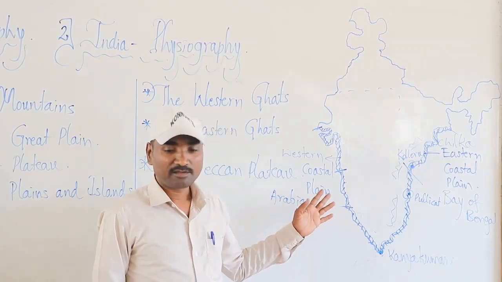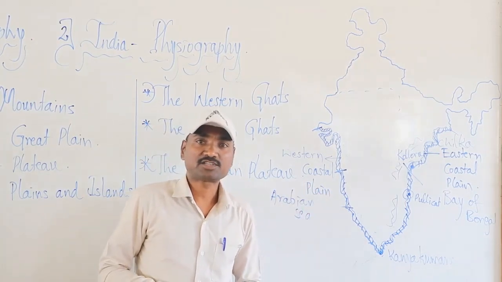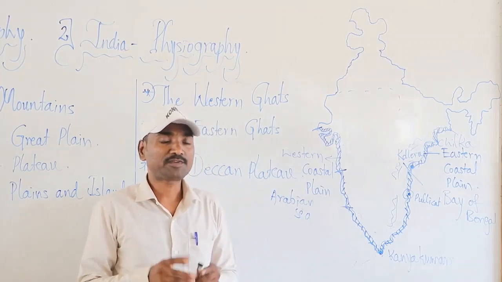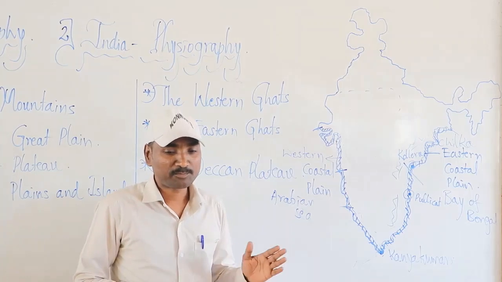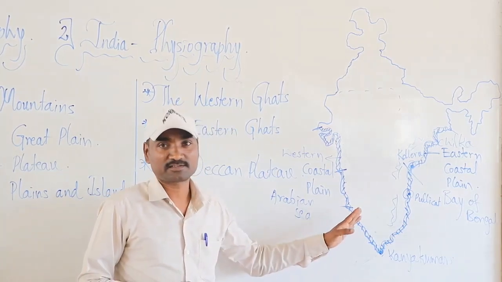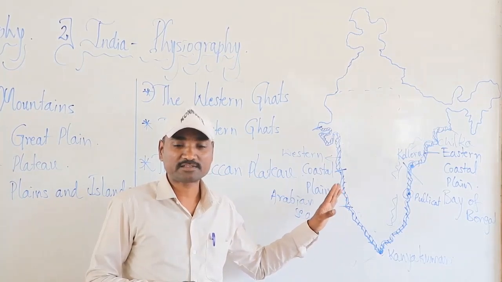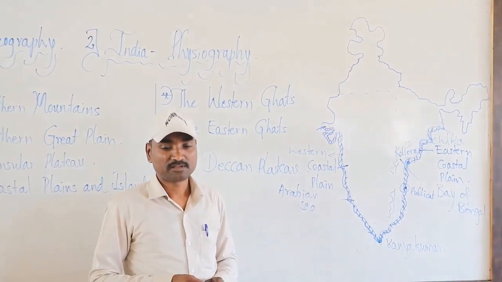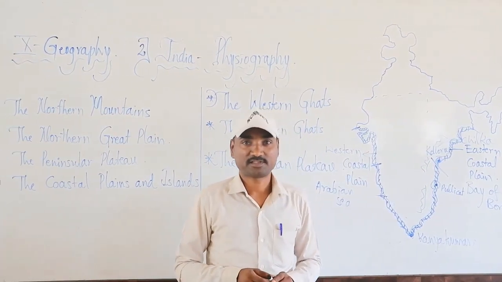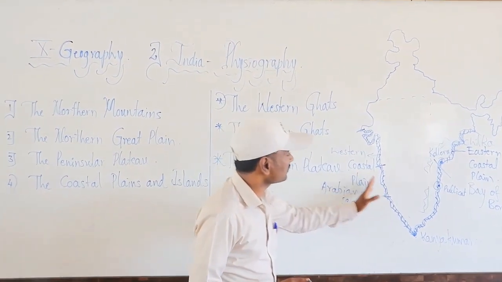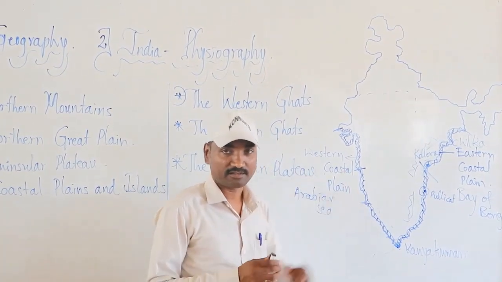These are very useful for fishing, shipbuilding, agriculture and manufacture of salt. Apart from this, these coastal areas attract tourists, and the backwaters are useful for navigation. This is what we studied about the eastern and western coastal areas.